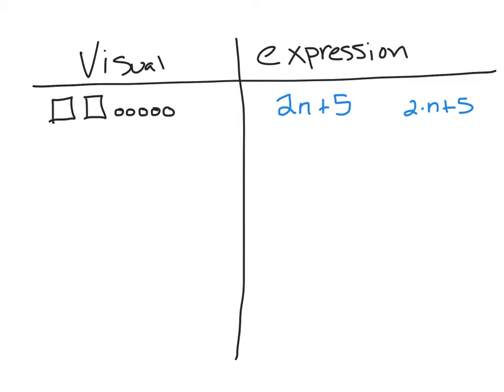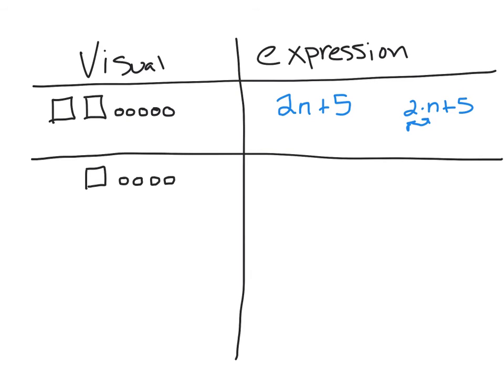If you reverse the order of the 2 and the n, that's fine. All right, next one. I have 1 box and 4 unit circles. Write the expression. Did you write n plus 4?